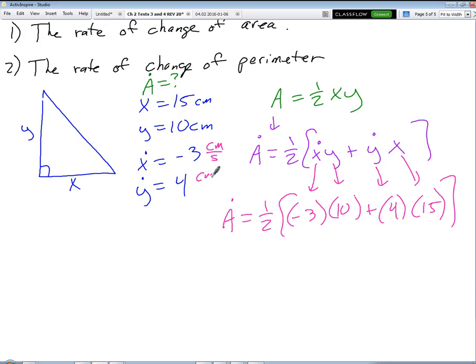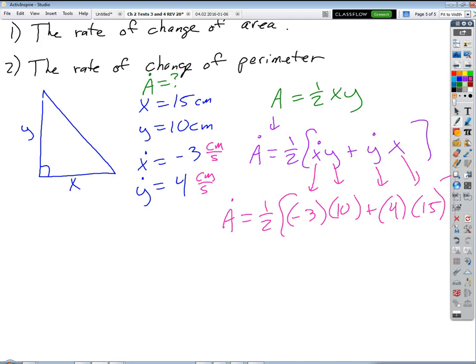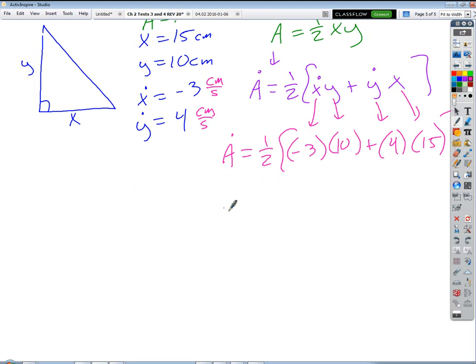And centimeters per second, right? If we put all the units in, what should the units of A dot be? Centimeters squared per second. Yeah, exactly. So we know what the units are supposed to work out to be, so we'll just cheat. So we end up with, 60 minus 30 is 30 times 1/2 is 15. Good, so we get 15. What are the units? Centimeters squared per second.